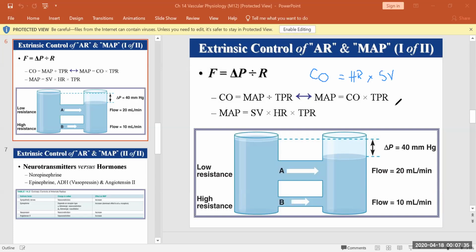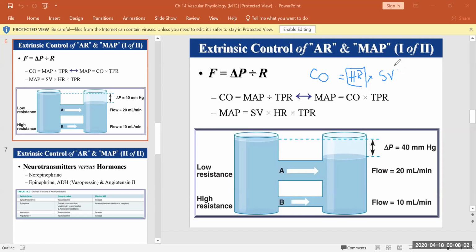Now the beauty in the two components is, if you look closely, HR, the heart rate, that's your electrical component of the heart, okay? Two components, right? Electrical component, the conduction system, is expressed by HR in this equation.